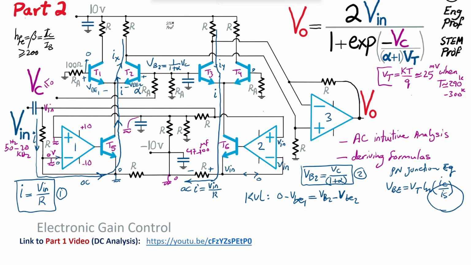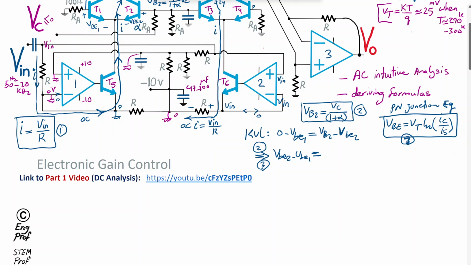And the way we do that is actually already realized. These guys here are helping us realize that. How? Okay, I'm going to move this VBE2 to the other side. So I am going to get VBE2 minus VBE1 equal to the voltage of base, using equation, let's say, I refer to this as equation 3. So the combination of equation 2 and 3 is going to exactly give me what I want.